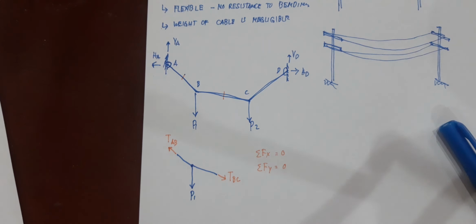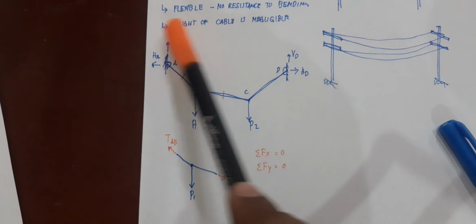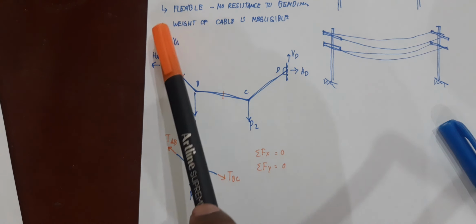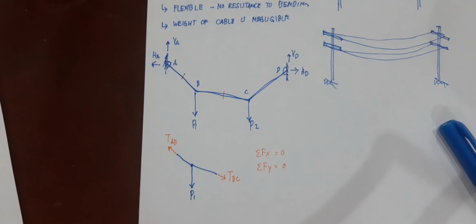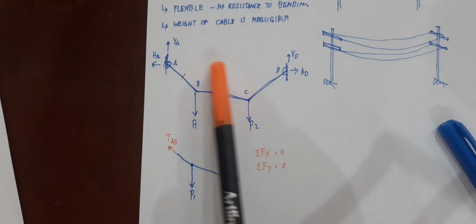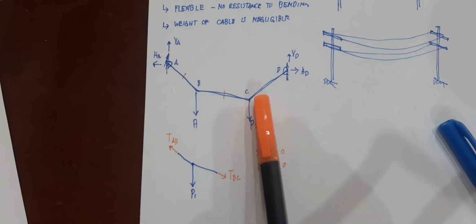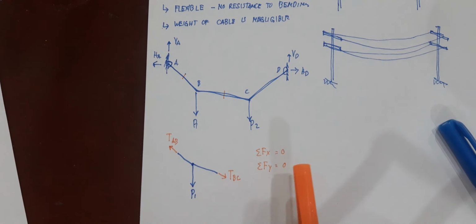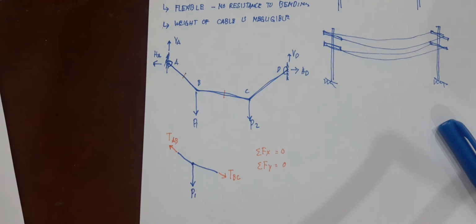The three equations of equilibrium apply when you use the whole system as one free body. But if you take joint by joint or portion by portion, you are limited to these particular equations of equilibrium.